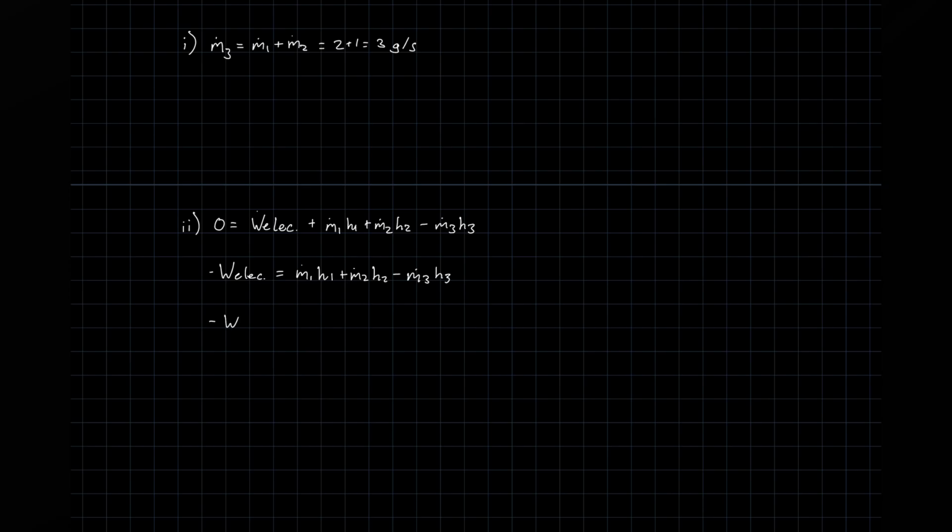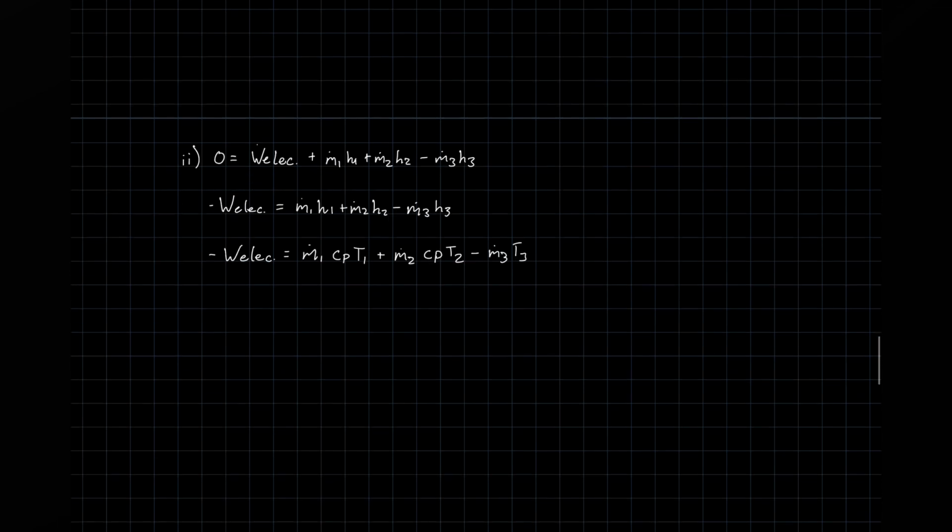So we get minus W elec is equal to M dot 1 Cp T1 plus M dot 2 Cp T2 minus M dot 3 Cp T3. So let's rearrange this. So all the M1 and M2 stuff will be negative on the other side, and that leaves negative M3, so you divide everything by negative M3.